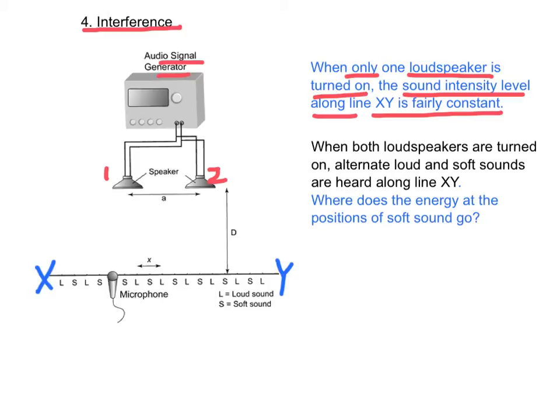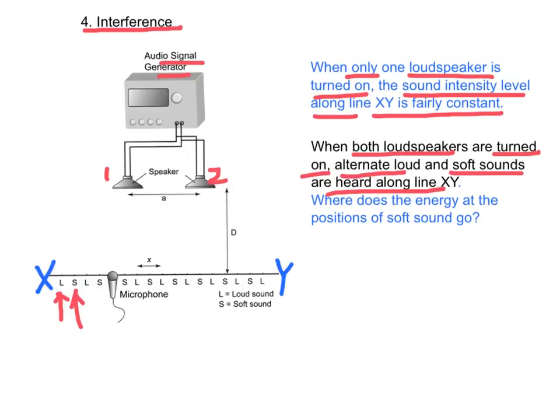However, when both loudspeakers are turned on, alternate loud and soft sounds are heard along XY. The loud sound is represented by L and the soft sound is represented by S.